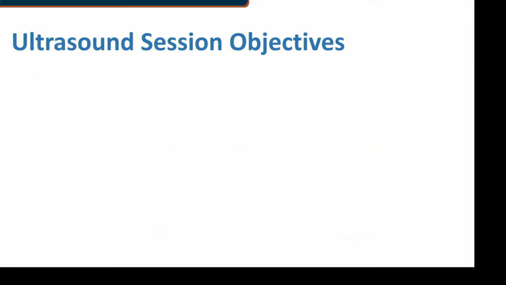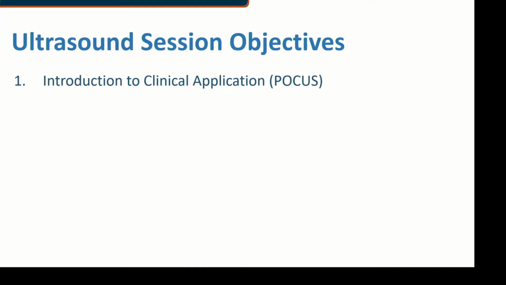For our ultrasound session objectives, they're going to be similar throughout all of these sessions. We are going to give an introduction to the clinical application or the point of care that you will be using this kind of ultrasound for. And we're going to be looking at the sonographic signatures of the MSK tissues as they relate to the knee.